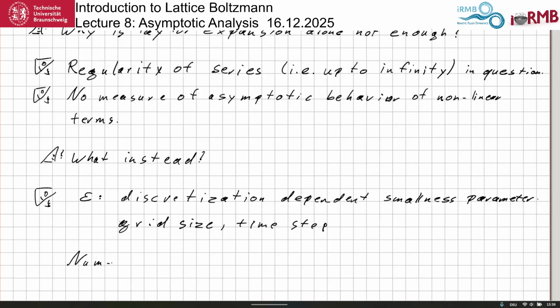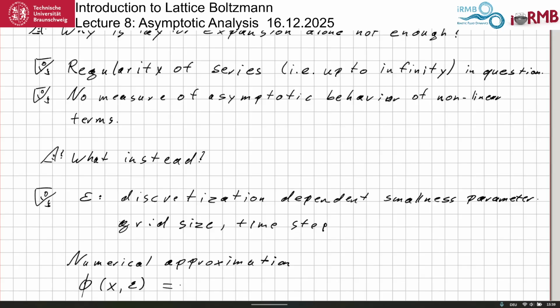So we have a numerical approximation. Say our approximation is called phi. This phi has some independent variable x, usually space-time, whatever, and it is a function of the smallness parameter epsilon.